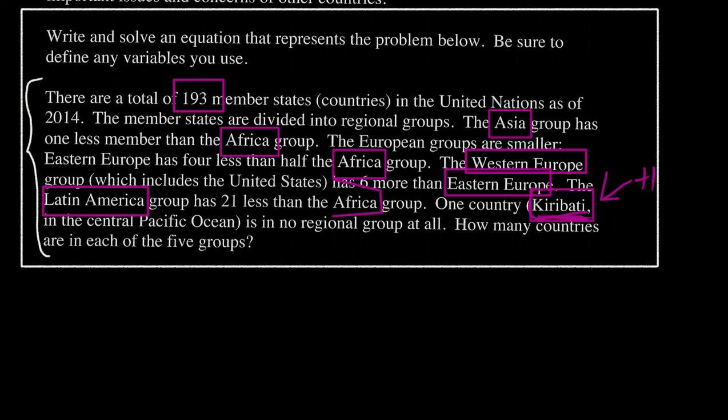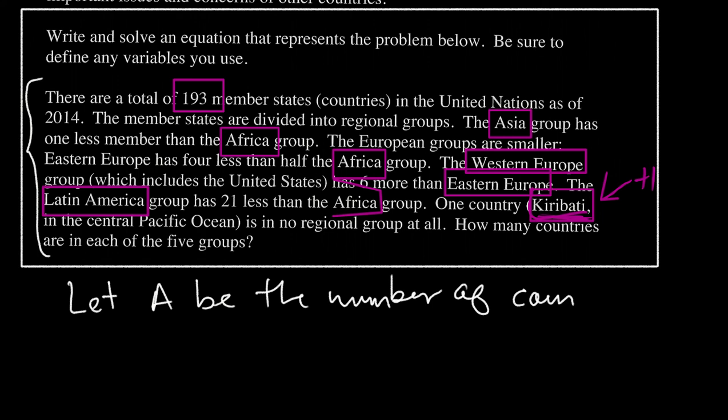So just looking at this and thinking of it, because the Africa group shows up so much, the one thing that I want you to do is I just want you to write, let A be the number of countries in the Africa group.